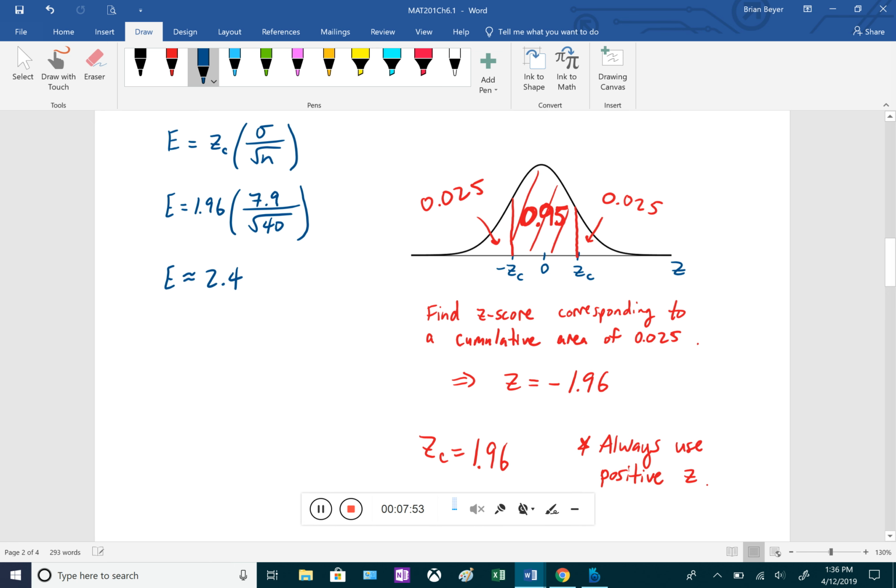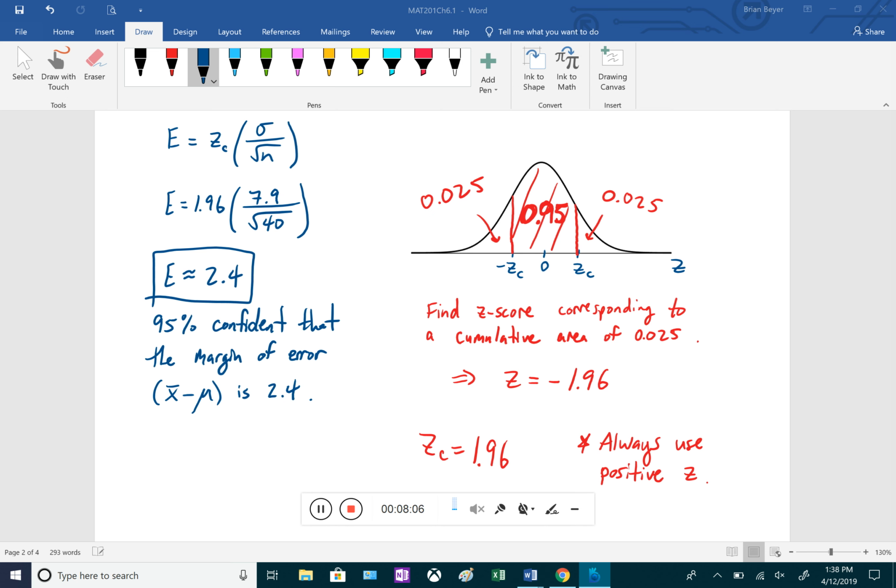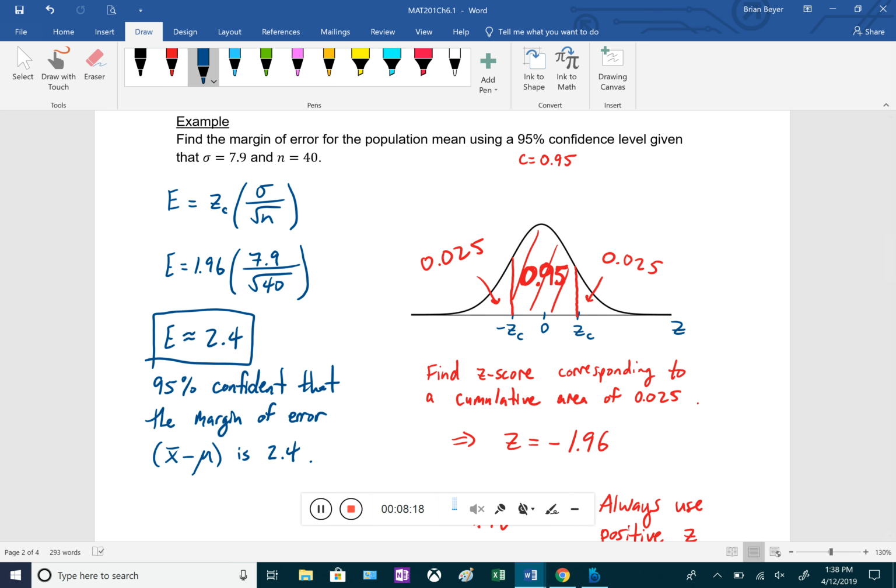So what this means is that we're 95% confident that the margin of error, meaning the difference between the sample mean and the population mean, is 2.4. And then what that means is that we are 95% confident that the population mean is within 2.4 units of the sample mean.